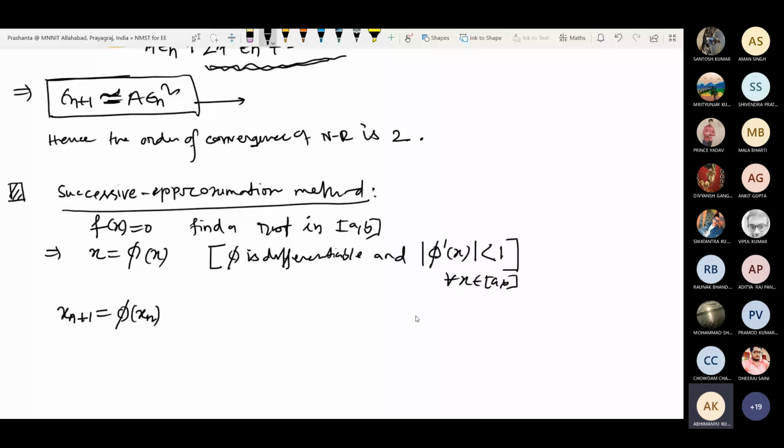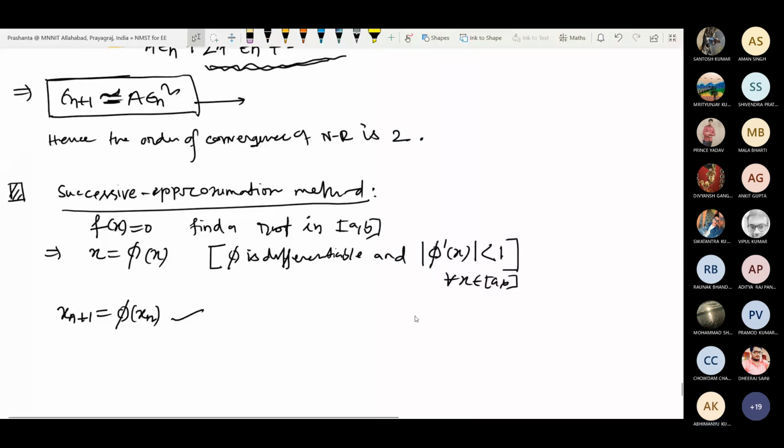That phi which is differentiable and the derivative of phi is less than 1 for all x in the considered interval a comma b. That phi we shall be choosing. Once you choose that phi, you create the iterative method as xn plus 1 equals phi of xn. This is the iterative method.